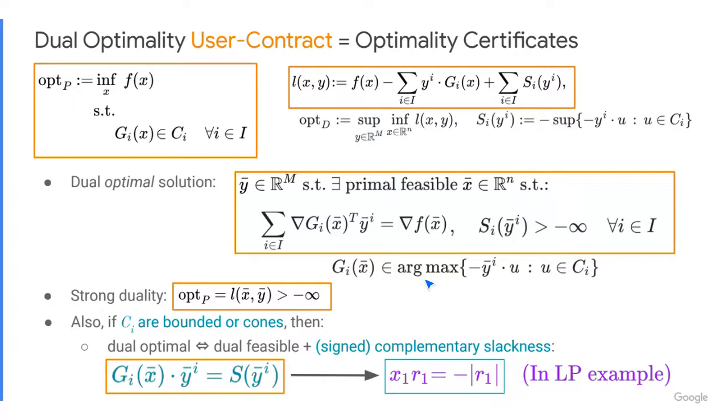We can recover a generic dual that is more conic-like or LP-like if we add some constraints, like, for instance, asking for all these functions G to be affine. But again, you don't necessarily need the dual. The only thing that a user needs to know is these contracts for what an optimal solution and an optimal dual solution, or an optimal feasible solution, satisfy, and how you can use it: basically, to certify optimality or to certify a bound on the optimal solution.